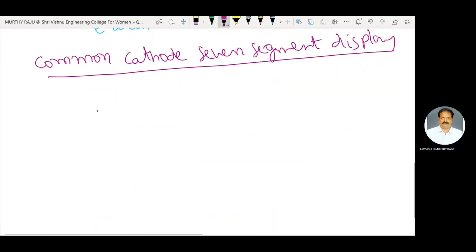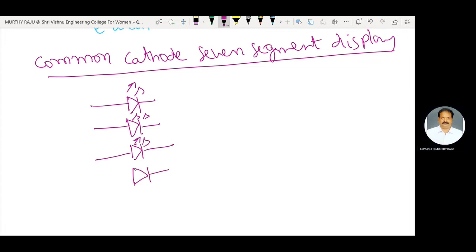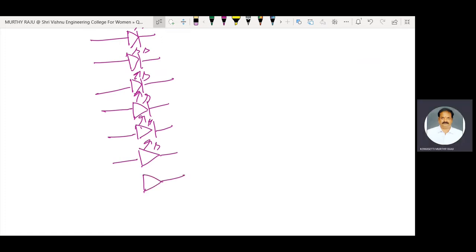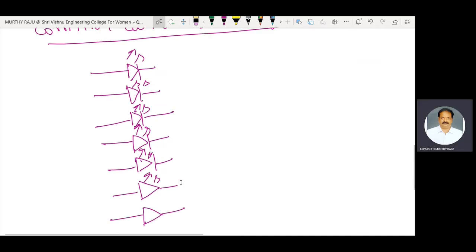This is the common cathode: the cathodes of all 7 LEDs. These are the cathodes.